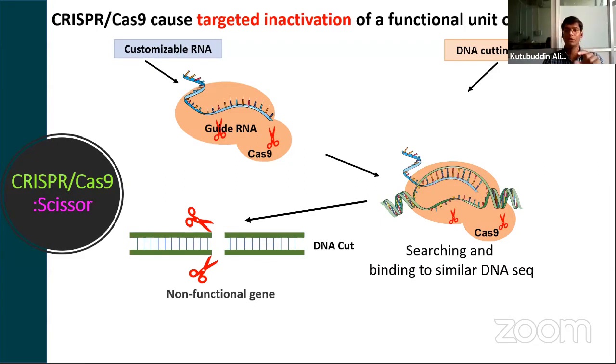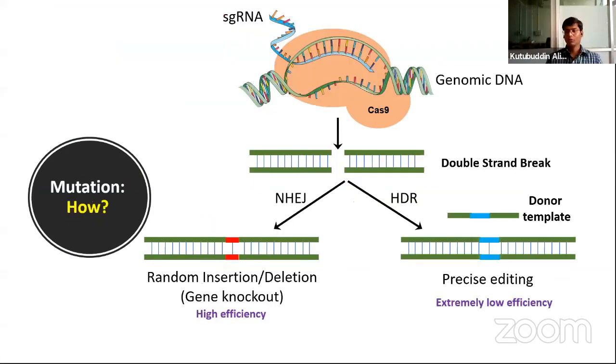We know that DNA is a double strand structure, so one strand is cut by one scissor, and the other strand by the other scissor. So it makes a double strand break. As a result, Cas9 with the guide RNA can make a specific cut in the genome, because you are designing your own guide RNA for a particular gene, and it will go to that gene and make a double strand break.